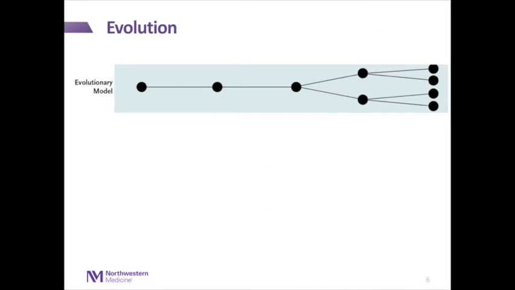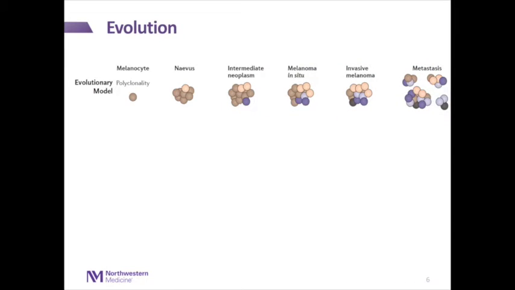And the evolution, so how do melanomas arise? There is an evolutionary model that's been proposed, and this is from the New England Journal recently. We know that melanoma starts from a precursor, and the cell that becomes abnormal is the melanocyte.